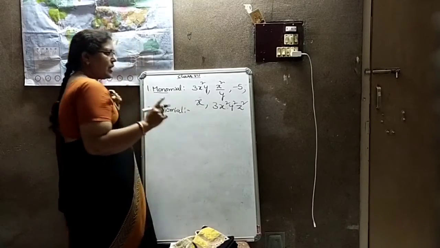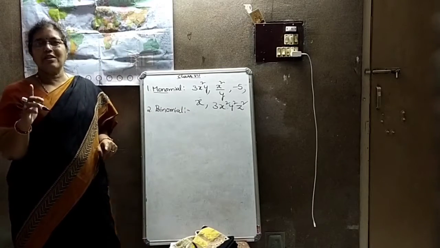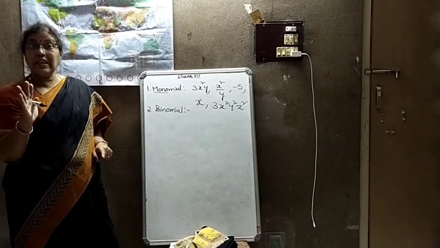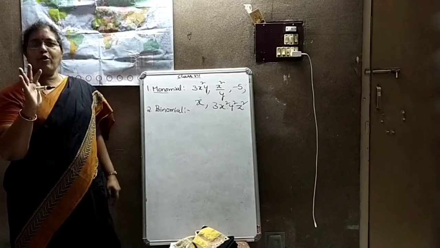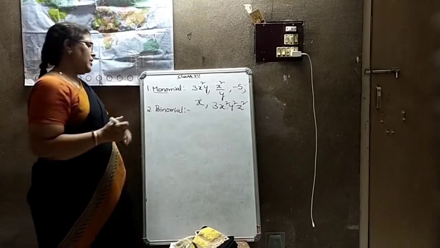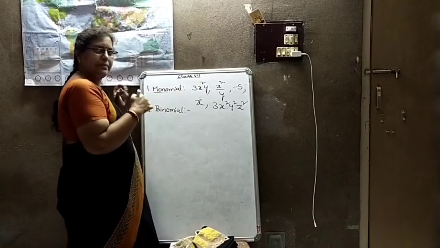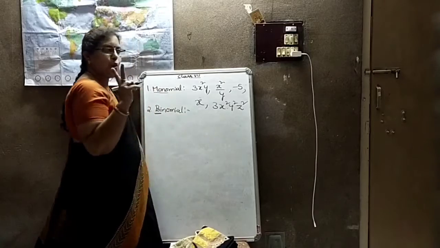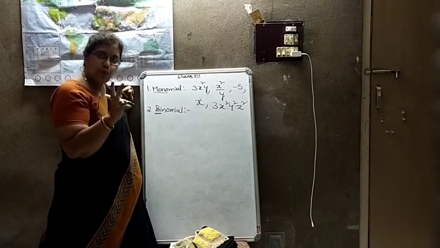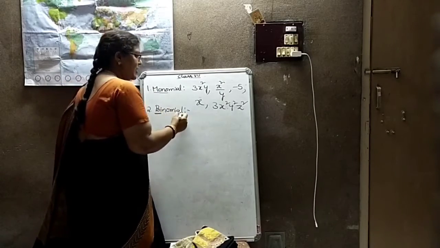I am talking about algebraic expressions based on terms, based on the number of terms in the expression. Binomial. Bi means two. Nomial means terms here.